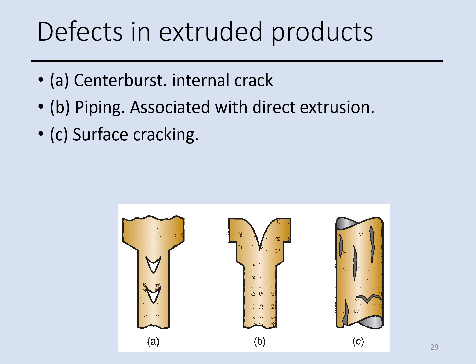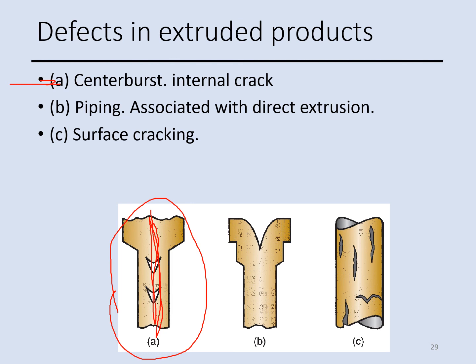There are three types of defects in extruded products. The first one is called center burst or internal crack, which is this one. This defect is an internal crack which develops as a result of tensile stress along the center line of the workpiece during the extrusion process. If we have tensile stress during the process, that will end up as an internal crack.